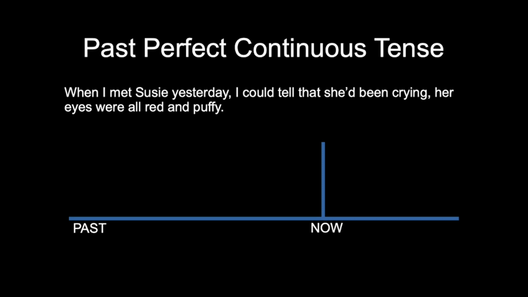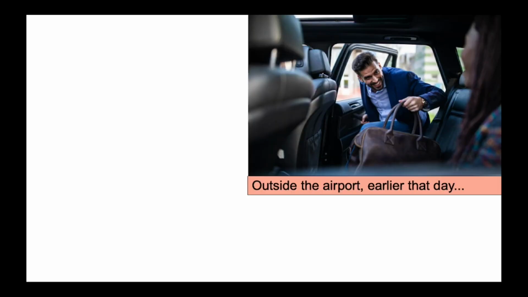Her cheeks were dry, but her eyes were all red and puffy. This sentence tells us that yesterday I met Susie. Before we met, sometime in the past, she started to cry, and she continued crying up to a certain point and stopped. Then we met.